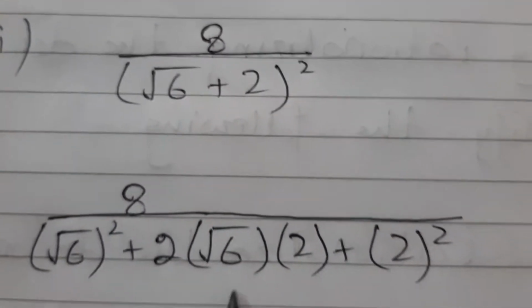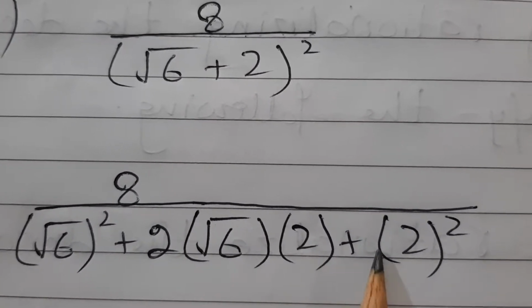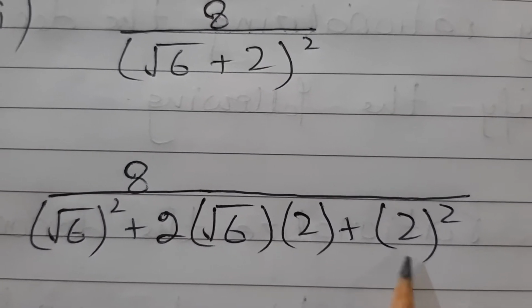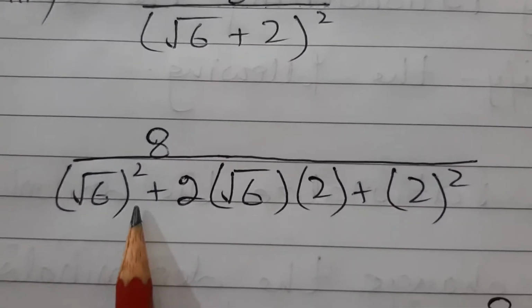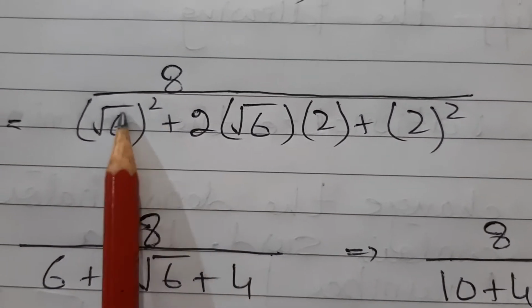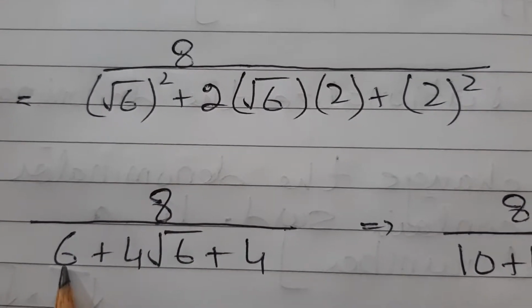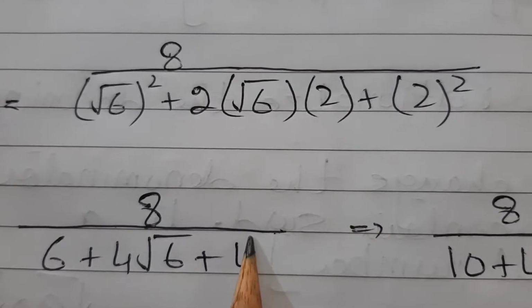Okay, so let's see, it will become a square plus 2ab plus b square. Same formula, I hope you remember. So it will become 2 times 2 is 4, and this will be 6, because square root will be cancelled out by this square. So it is 6 plus 4 root 6 plus 4, because 2 square is 4.